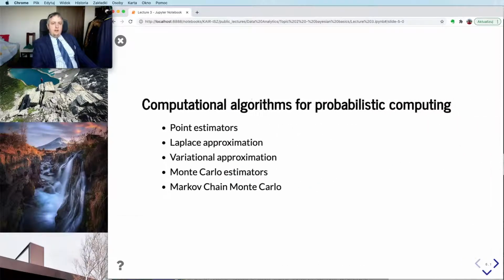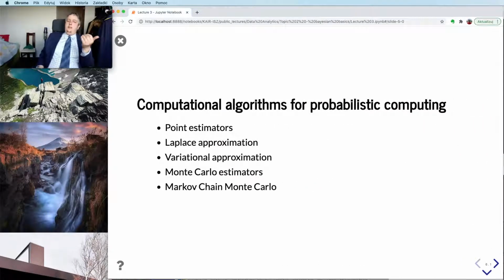So generally, there are multiple ways of doing probabilistic computing. All of them generally focus on getting some kind of estimate of parameters through expectations. We'll discuss briefly some of them.